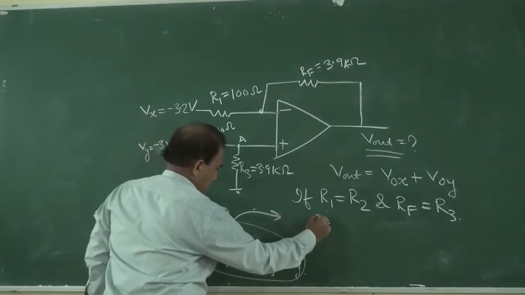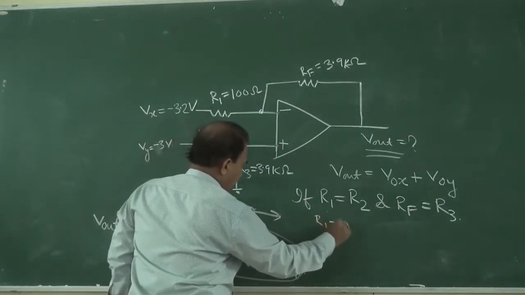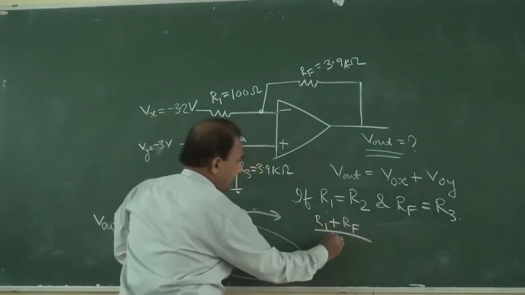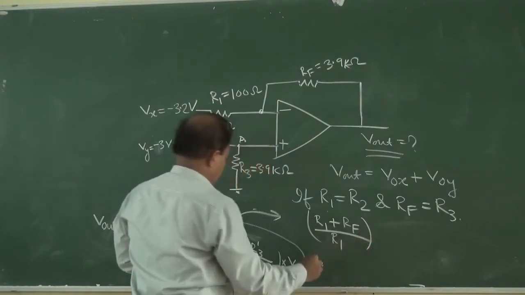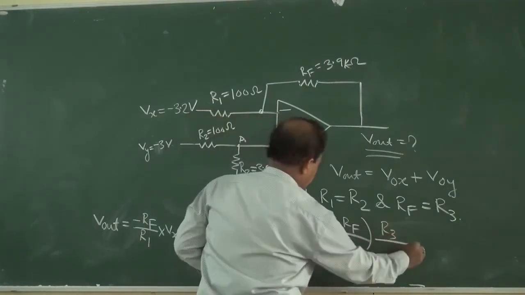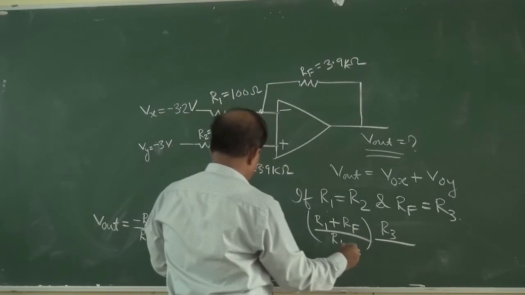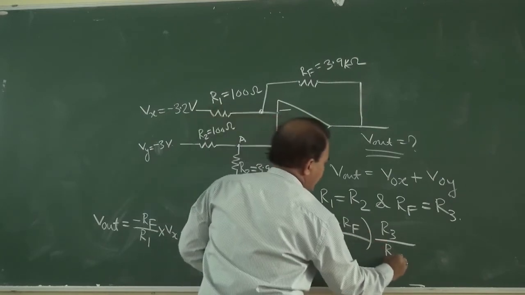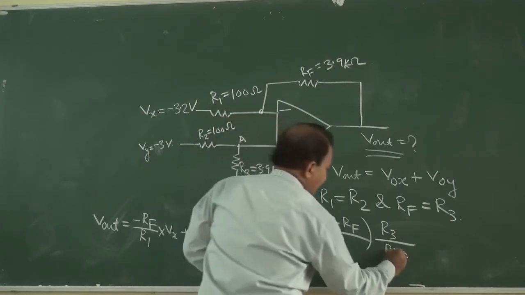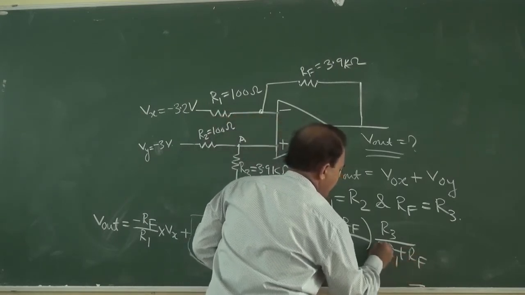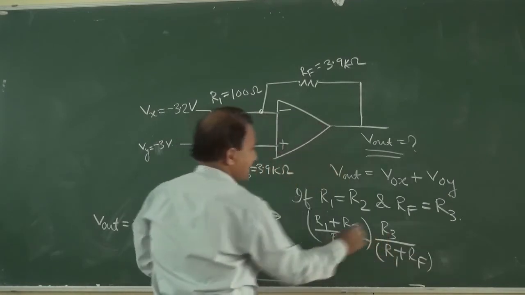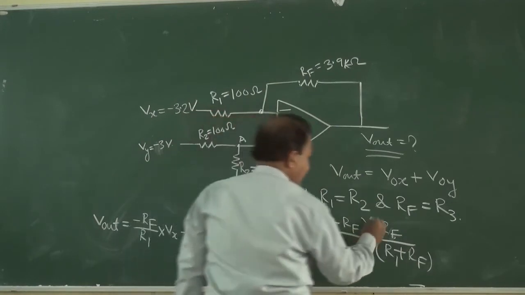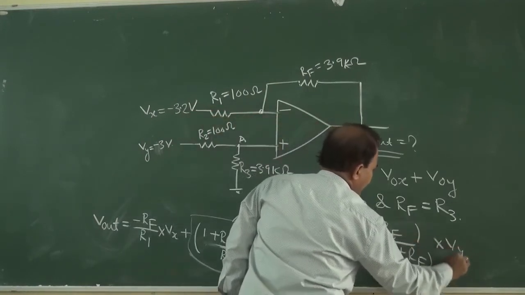It becomes 1 plus Rf divided by R1 multiplied with R3 divided by R2, where R2 is R1 and R3 is Rf, multiplied with Vy.